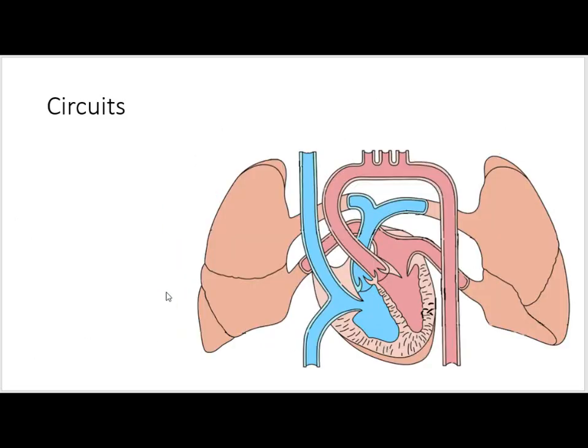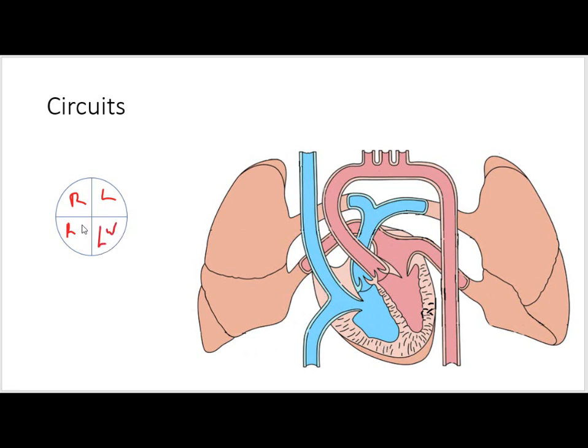There are 2 circuits that the blood flows through in the heart. Before I go to explain it, I'm going to draw a very simplified model. Let's assume that this one is the right atrium and this one is the left atrium, this one is the right ventricle over here, and this one is the left ventricle.